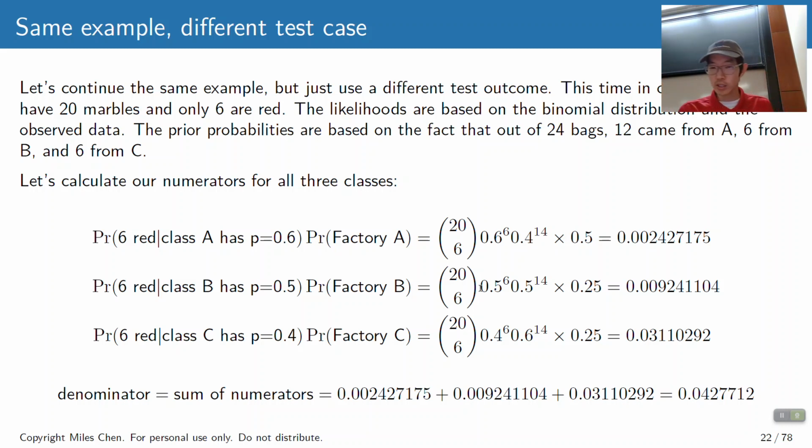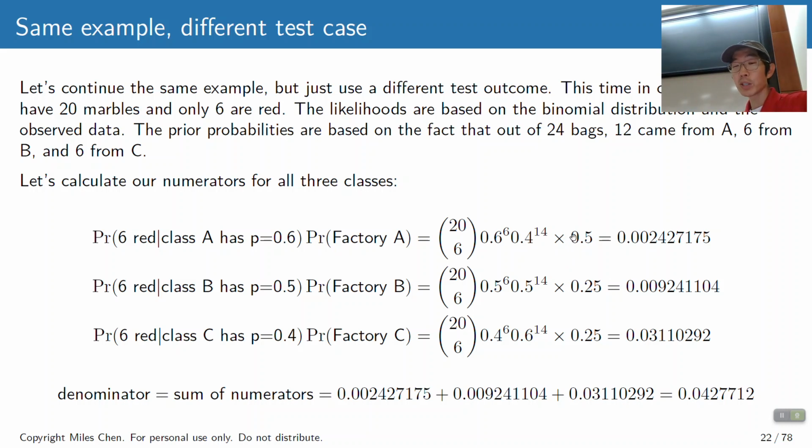Could it produce a bag that's only 6 red out of 20? It could, but it's less than 1%. And what about factory C? Factory C has a filling proportion of 40% red. Could that produce a bag that's only 6 red out of 20? It also could, and its likelihood is pretty low, but it's the highest of all of these.